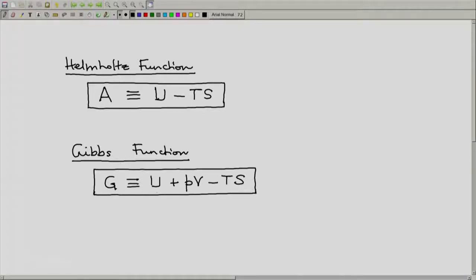And because U plus PV is enthalpy, we can write it as H minus Ts, or since U minus Ts is the Helmholtz function, it is also equal to A plus PV. In a short while we will look at some peculiar properties of these functions.